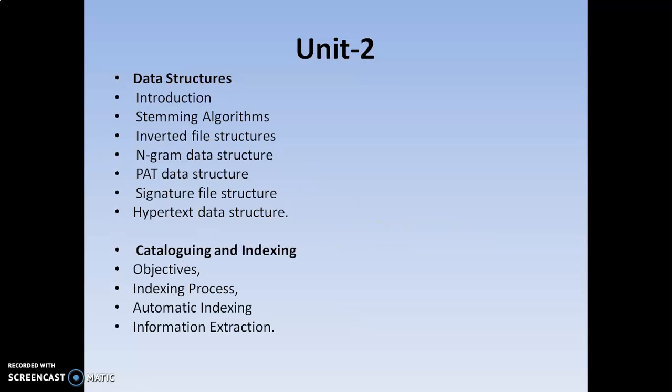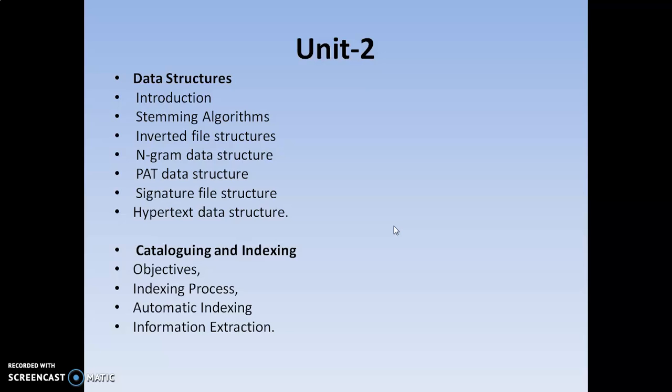Now I am going to discuss unit number 2. Data structures, and cataloging and indexing are the 2 subsections. In the data structures subsection, we have the topics: introduction, stemming algorithms, inverted file structures, n-gram data structure, PAT data structure, signature file structure, and finally hypertext data structure.